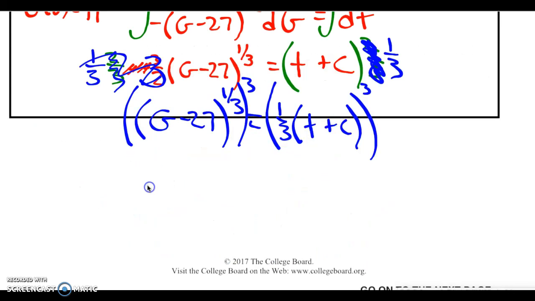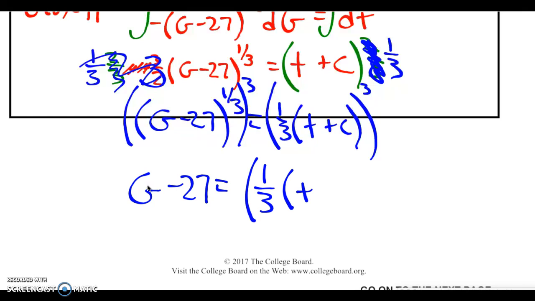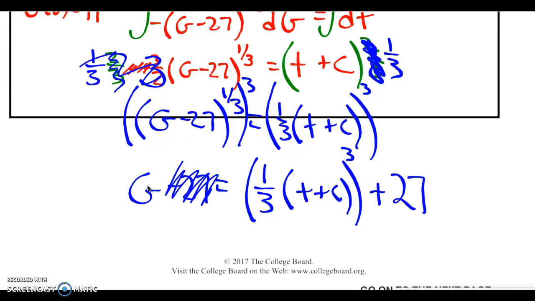Okay, so I get G minus 27 equals (1/3 t plus C) cubed. Oh, add 27. So I moved that over there. That is the general solution because I didn't figure out what C is.